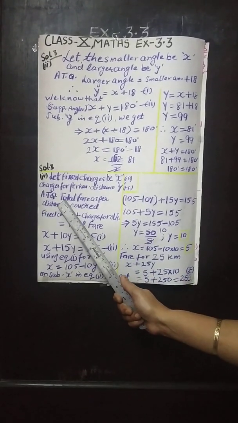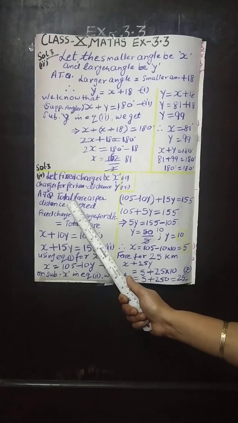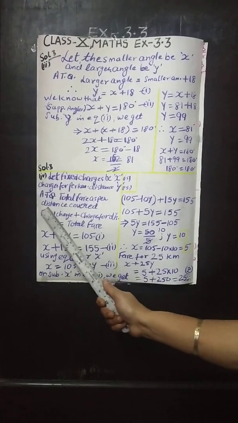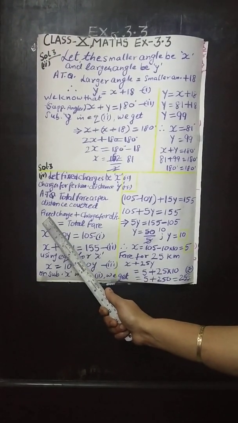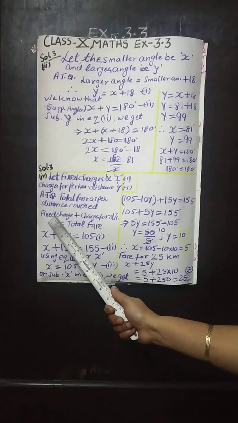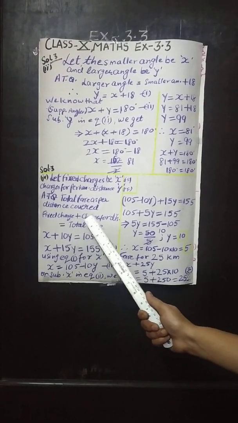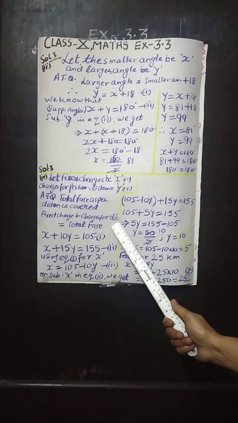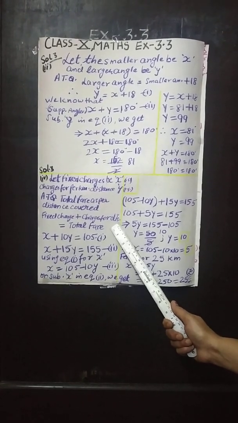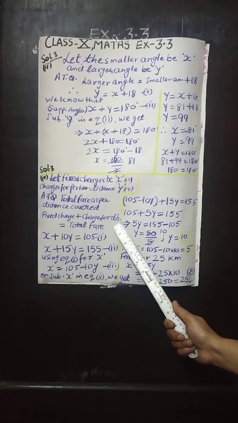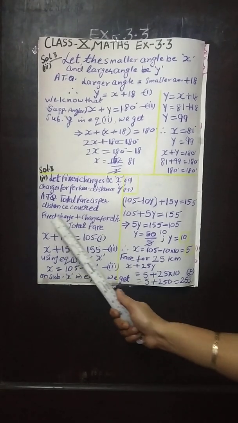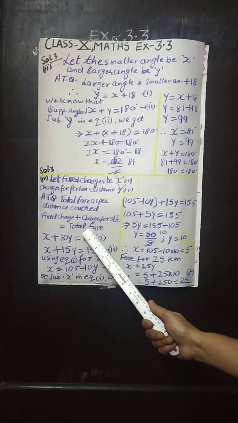According to the question, we have to find the total fare. So we can say the total fare as per the distance covered is equal to the fixed charge, which we have to pay compulsorily, plus the charges for the distance traveled. Whatever distance we travel, we have to pay the charge according to per kilometer. So on adding both of these, we will get the total fare.